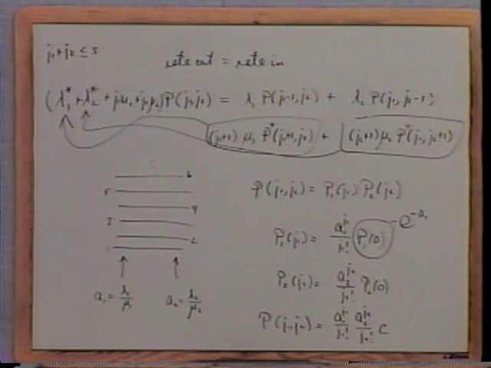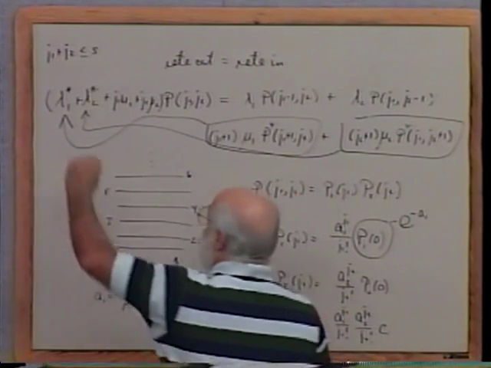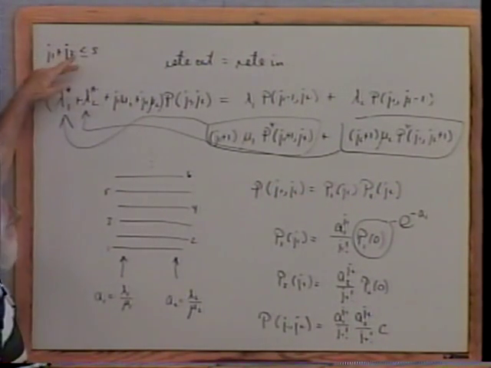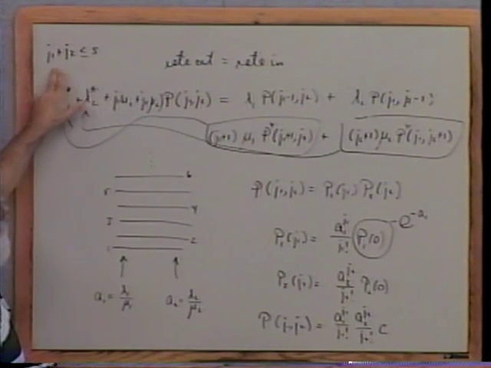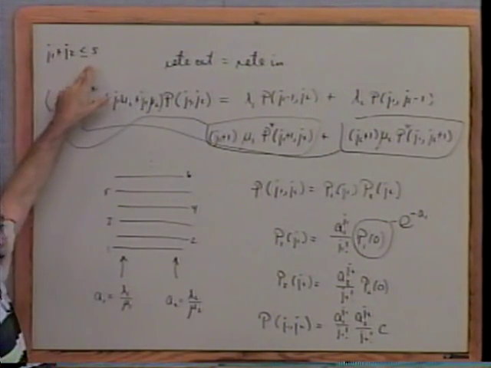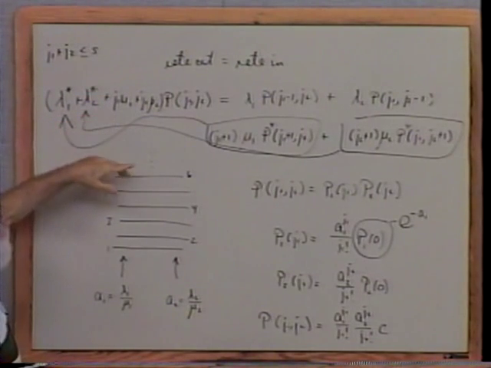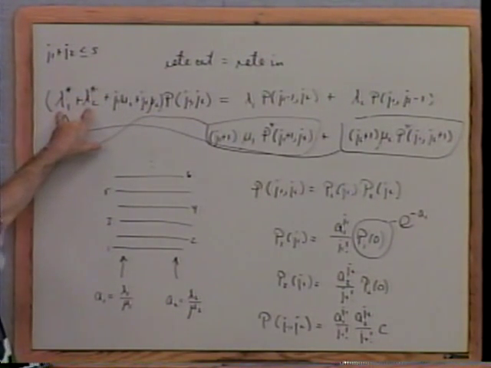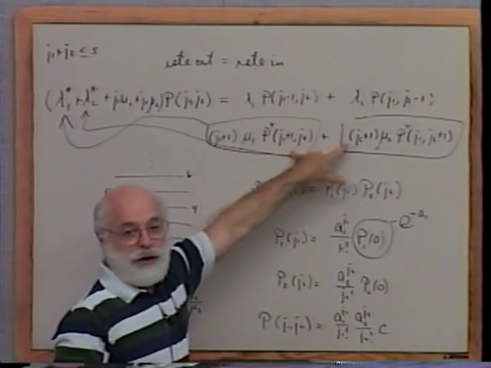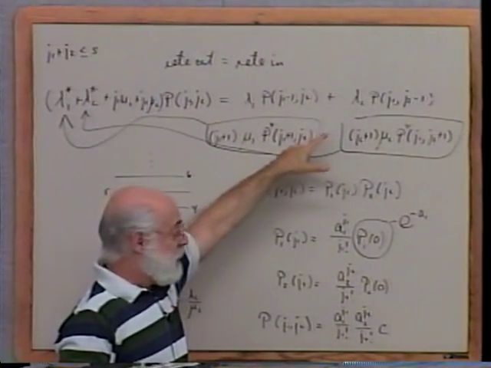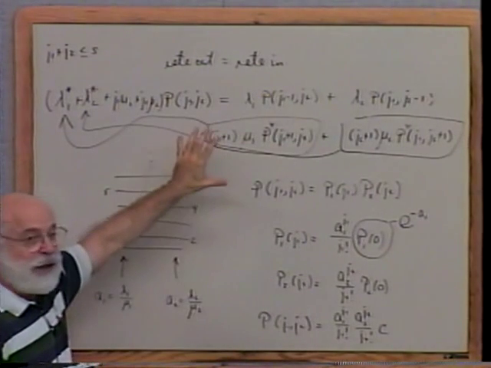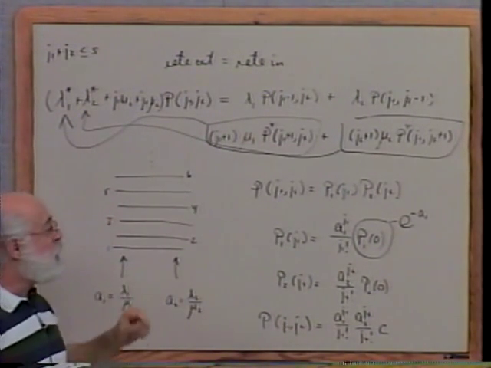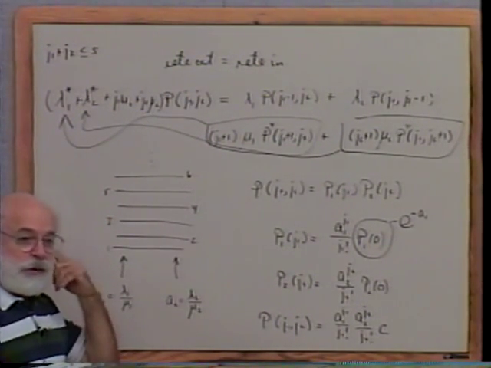But now, what you see then is that for all J1 and J2 that are less than S, the equations are just as they were before. And for all values of J1 plus J2 that add up to S, the equations are the same except that these two terms on the left are missing and these two terms on the right are missing. But you have the same solution. Because if you take this solution and plug it in, as we just showed, the solution satisfies the equations term by term.